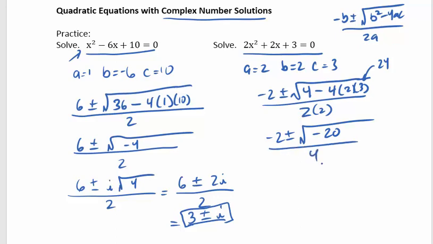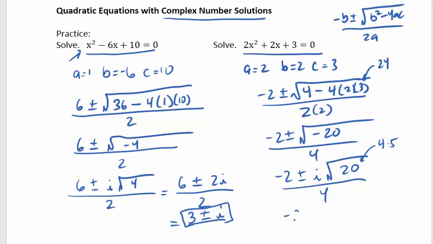Okay, before we perform any operations, let's factor that i out front. So negative 2 plus or minus i times the square root of 20, over 4. We could start dividing out a little bit here, but we can also simplify this 20. There's a perfect square hiding in there, so I'm thinking of 20 as 4 times 5. I can take the square root of 4 and pull that out front. If I take the square root of 4 and pull it out front, it'll be 2.